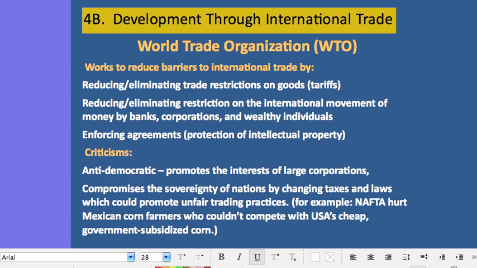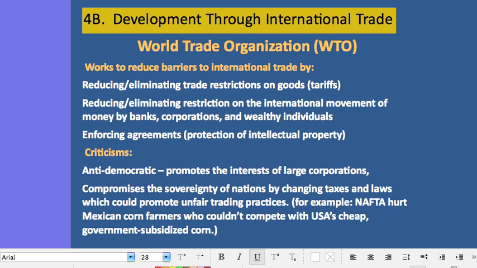Right, looking at the World Trade Organization. This organization works to reduce these barriers, to provide for free trade, and to provide a structure to help enforce the agreements set up between these regional trading blocks.